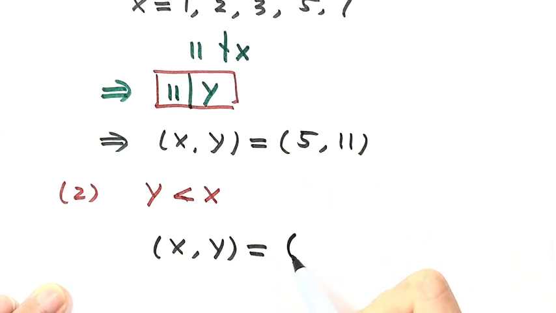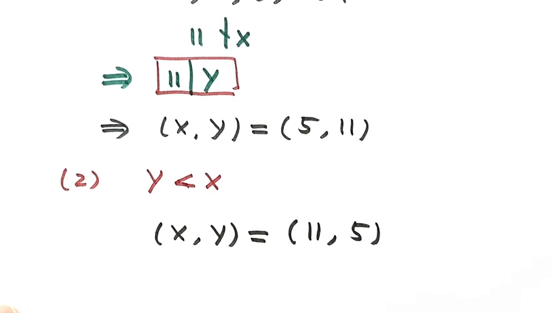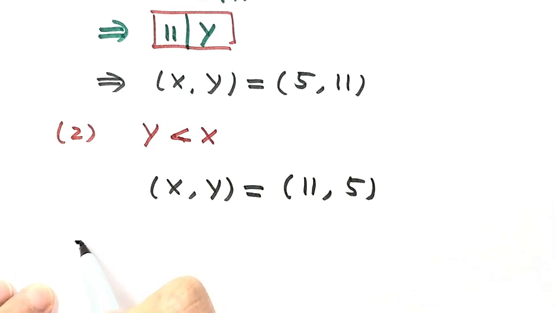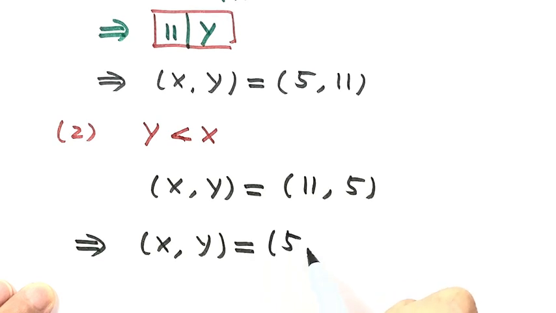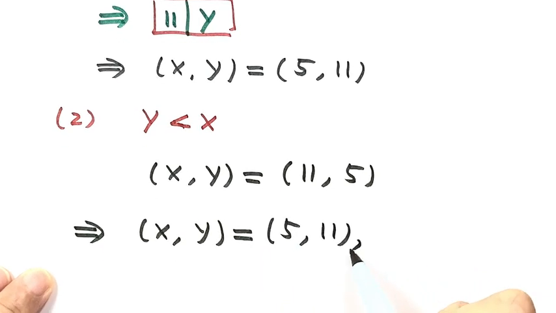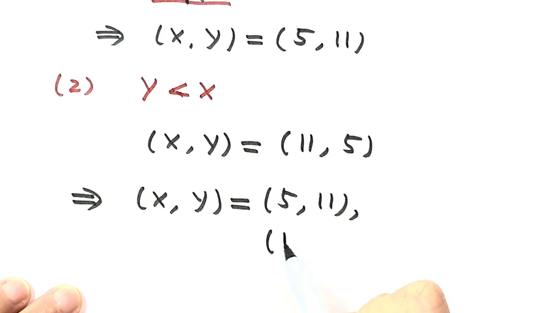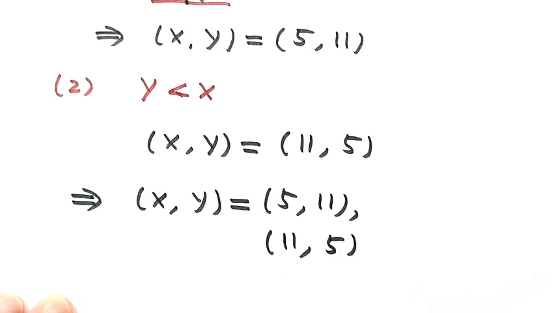So that's 11, 5. Combining the two cases, x, y equals 5, 11 or 11, 5. They are the two solutions of the system of equations.